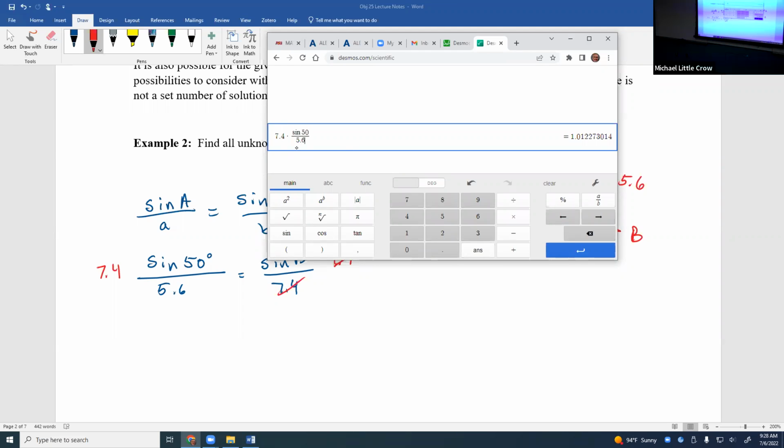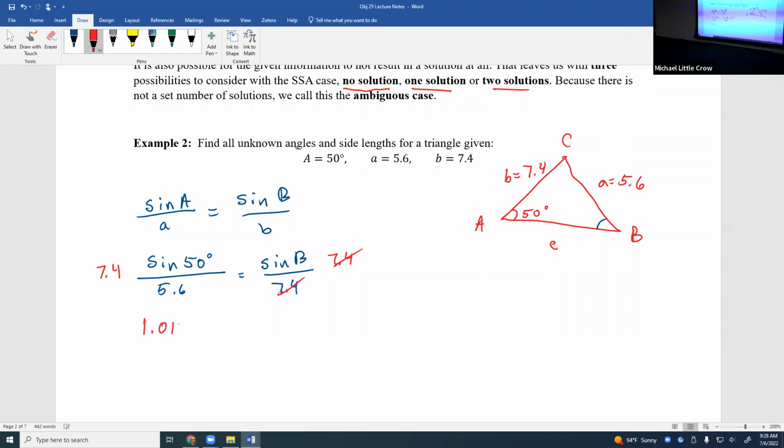And that gives us 1.012. Now remember, we're going to have to take the inverse sine of this, so you want to use several decimal places. Does anyone see a problem yet?